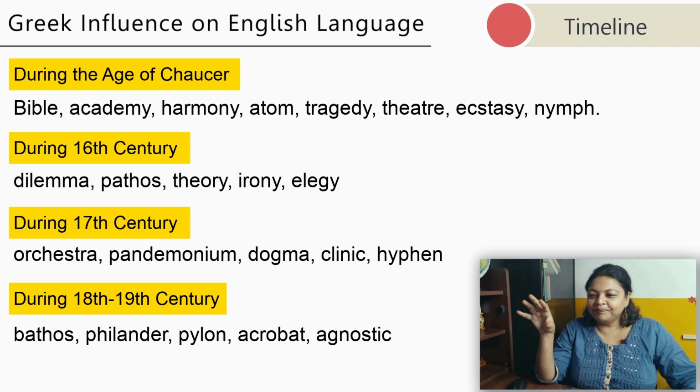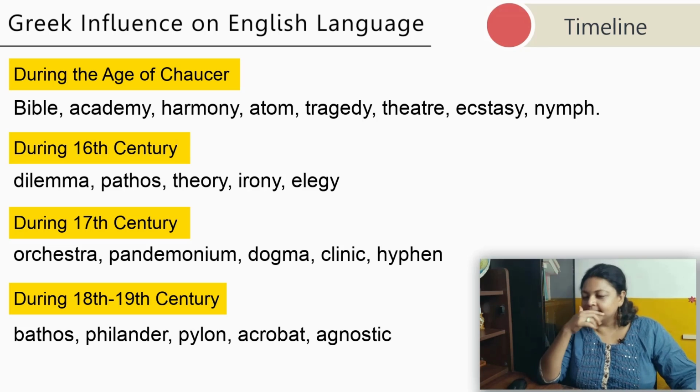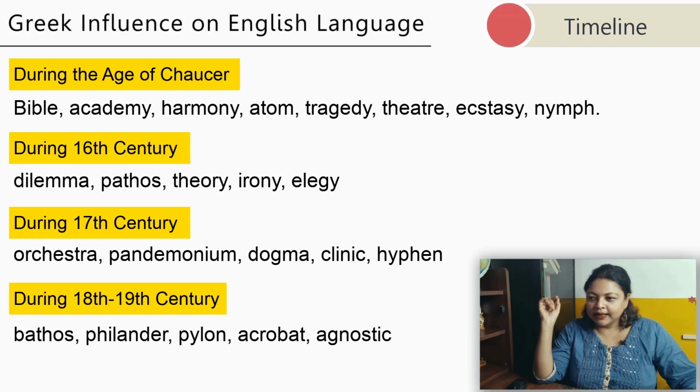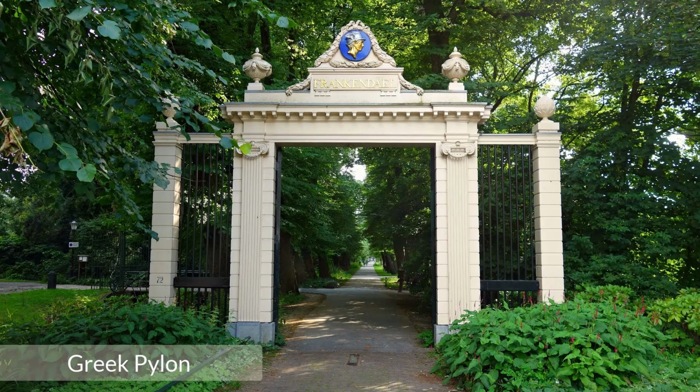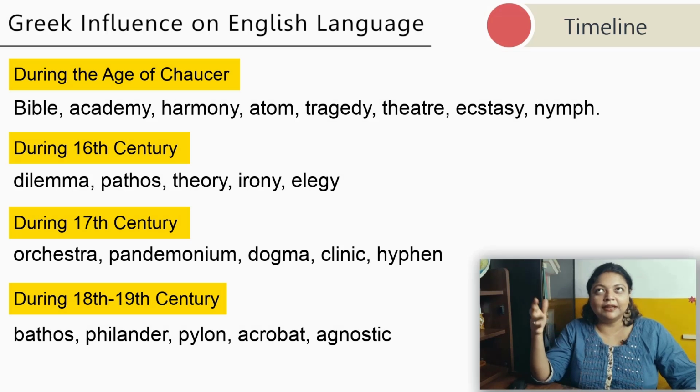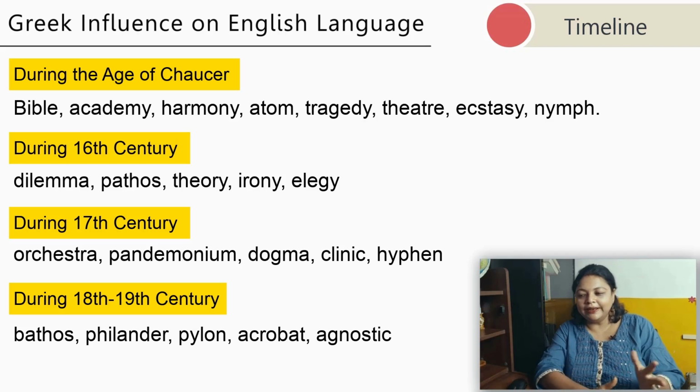This is a very special word. This doesn't belong to the world of theories. Pylon essentially means a gate tower, you can say, or a gateway. Now, this word was taken up, and at present also it's used in architecture, and it refers to any kind of tower that gives support.